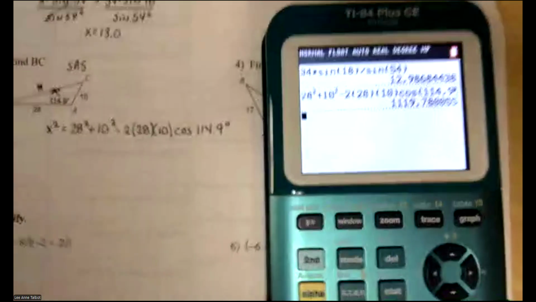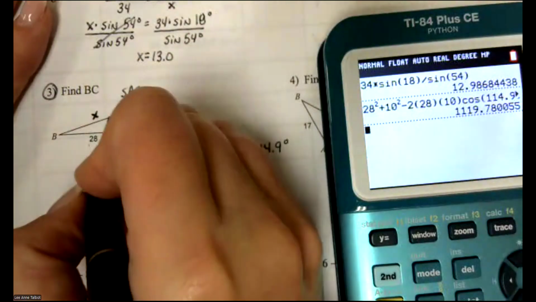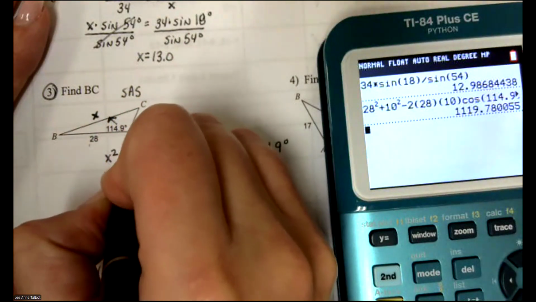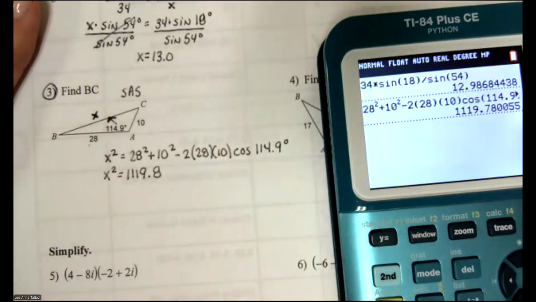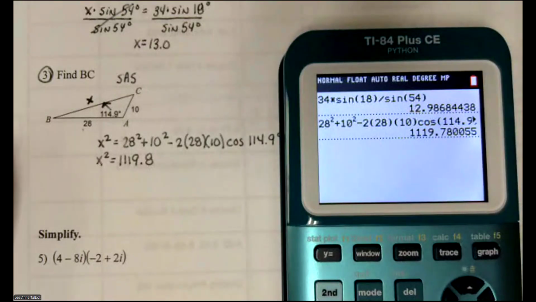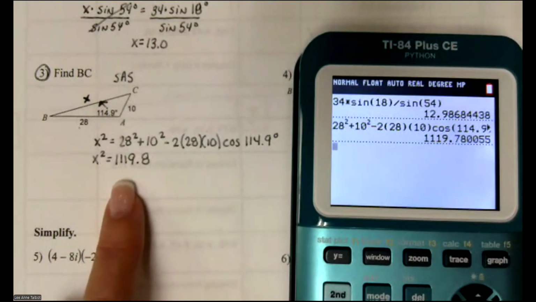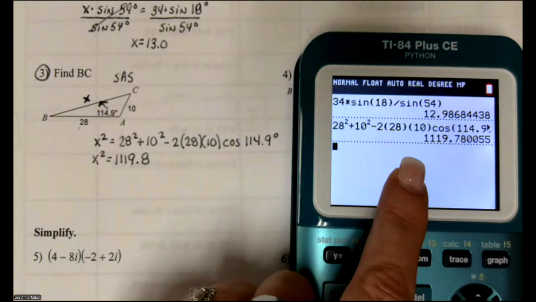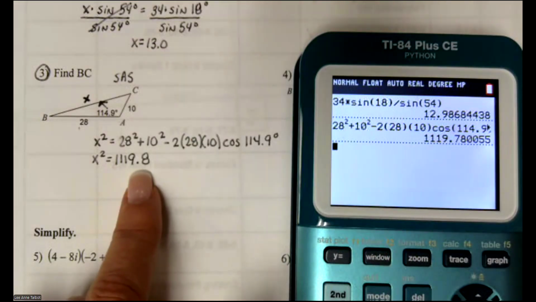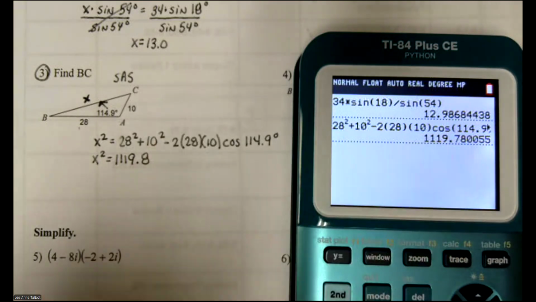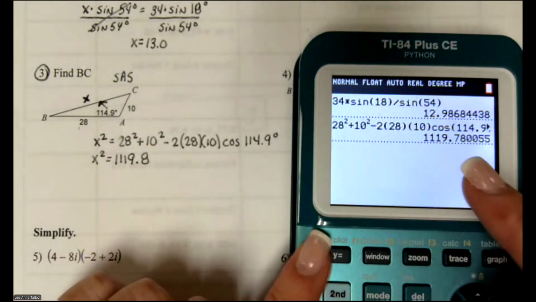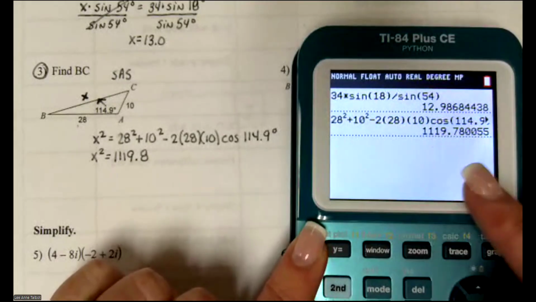And I got this. Okay, now I'm going to follow the same procedure for all of these. I'm going to round on my paper, but not in the calculator. So I'm too lazy to write the whole number out on my paper, so I'm going to round here. But here, I'm going to do the square root of both sides, but I'm going to do the square root of this.